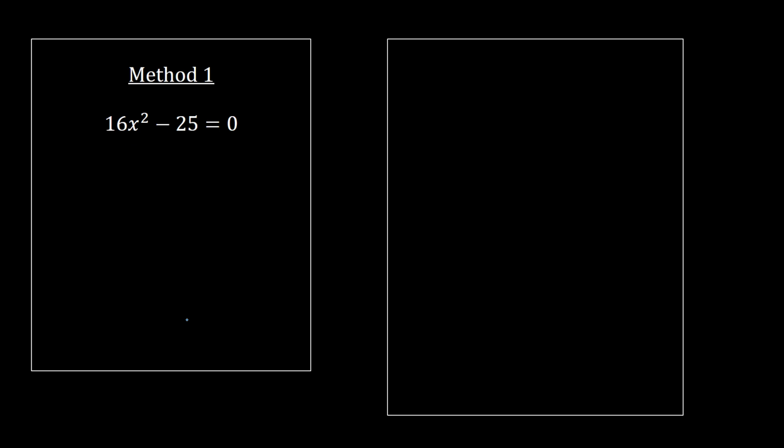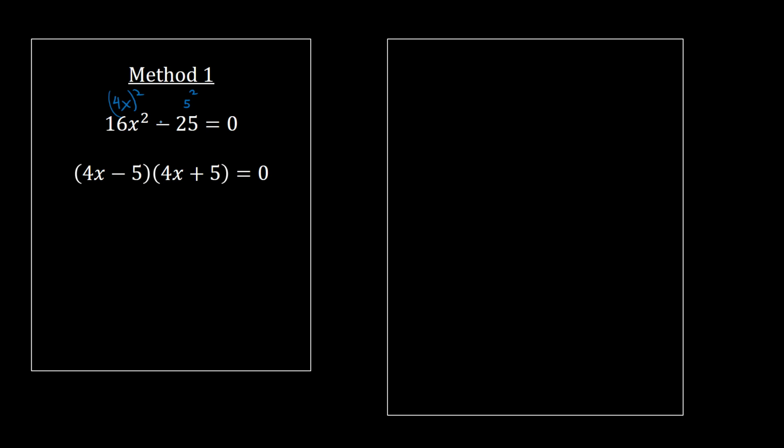Here's another example. Here we have 16x squared minus 25 equals 0. I'm going to show you both methods and allow you to pick whichever one is easier for you to use. With method 1, we can see that this would be a difference of squares, where I can think of the first term as 4x squared, and the second term as 5 squared. So I can factor this as a difference of squares, where I have 4x minus 5 times 4x plus 5.